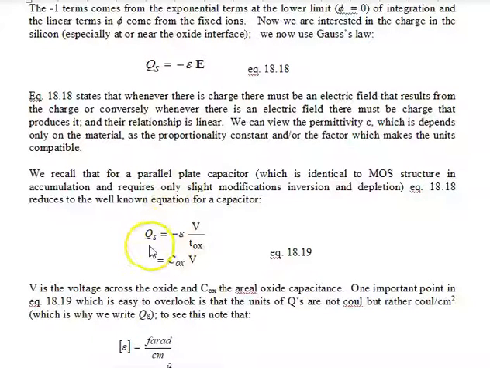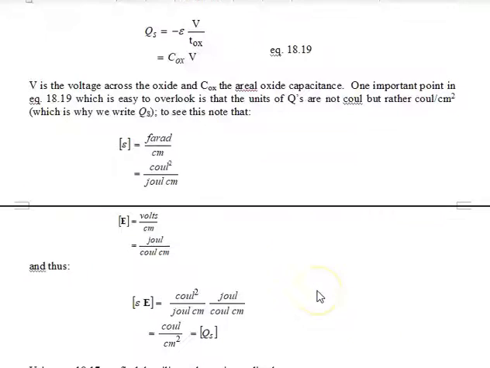And of course, charge is related to voltage by C-ox, and C-ox is the areal oxide capacitance in farads per square centimeter. So Q is also going to be in coulombs per square centimeter.